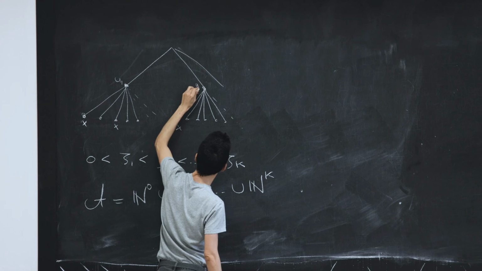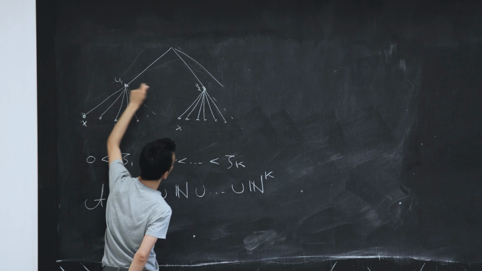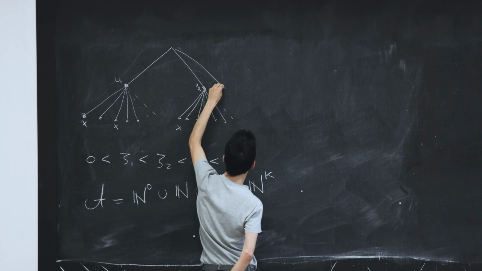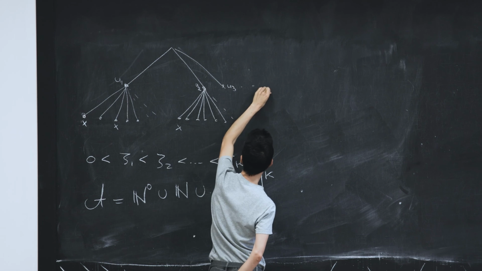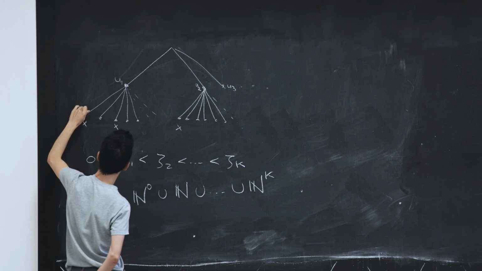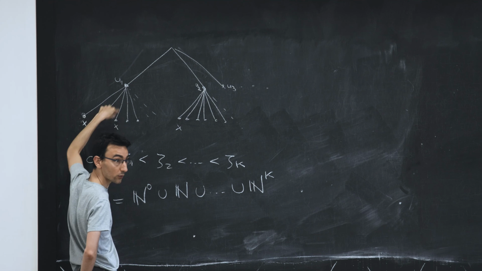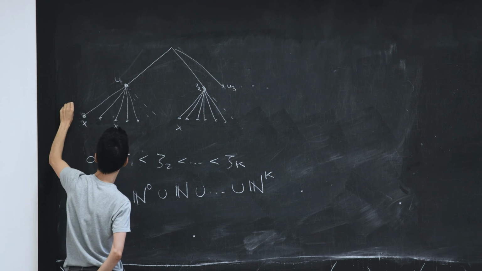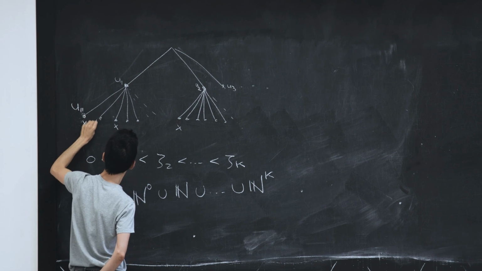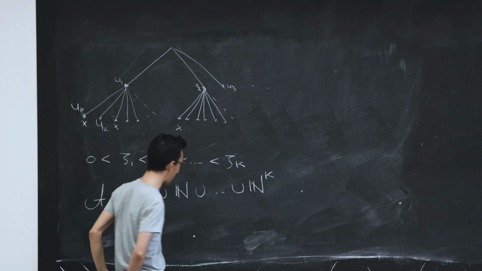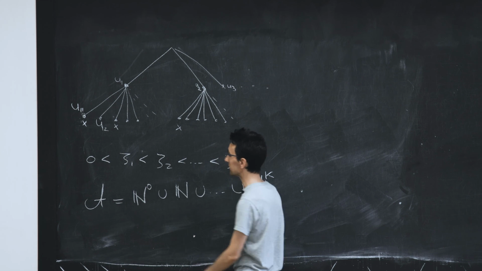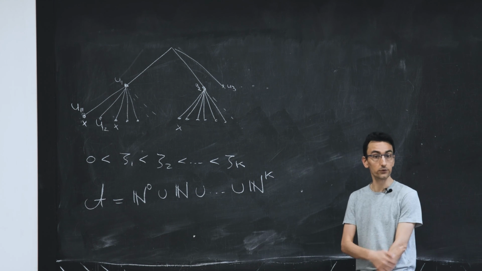This is u2. I'm calling this vertex 1, this vertex 2, this vertex 3, etc. And when I go down there, I'm going to call this vertex 1,1, and then 1,2, etc., and I continue down to level K. This is u1,1, u1,2. I haven't defined what u is yet, but it's going to be a number associated with this vertex.